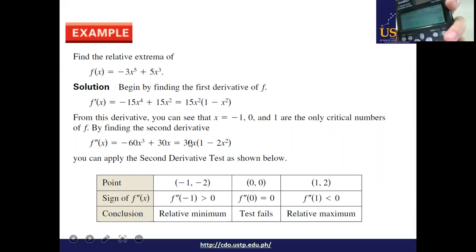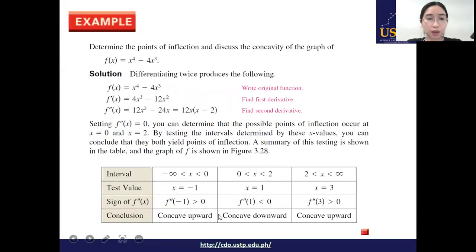So the answer is +30, which is greater than 0, therefore our relative minimum.